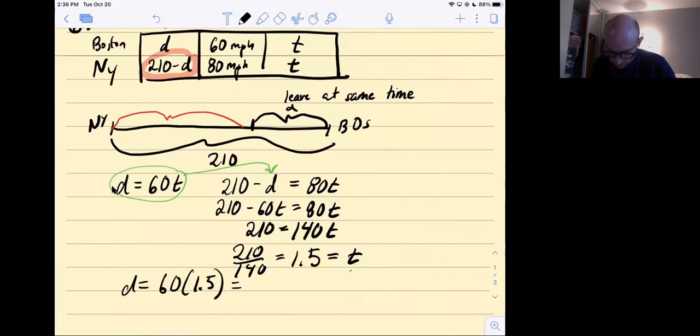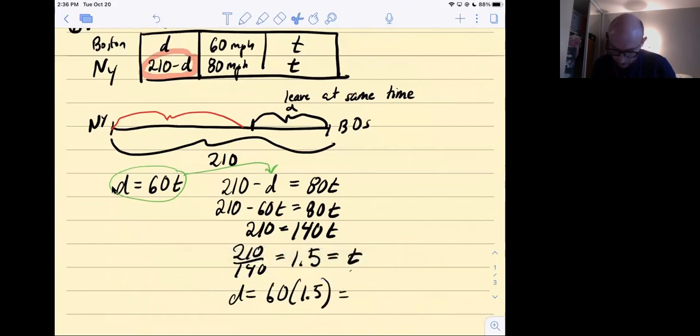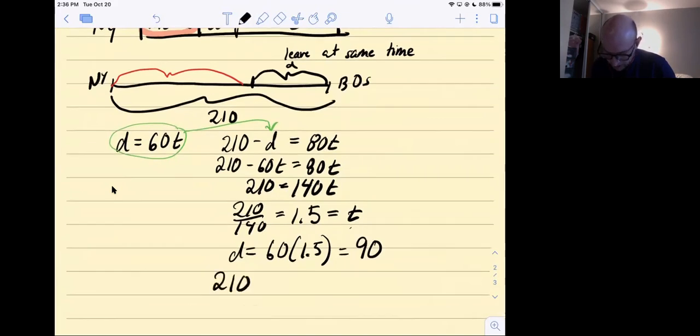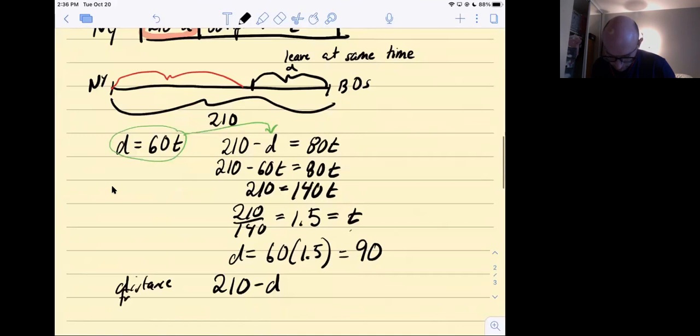So D is equal to 90, and 210 minus D, which is the distance from New York, is equal to 120. 210 minus 90 is equal to 120. Okay. Are there any questions on this problem?